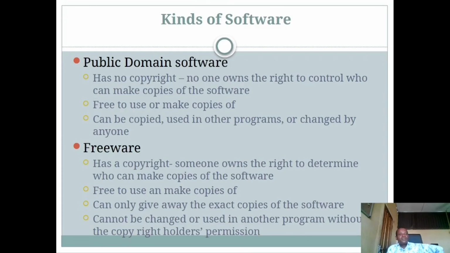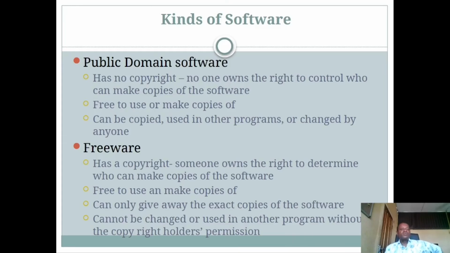If you get someone's software and you duplicate it and sell it without permission from the person who owns the copyright to that software, then you might likely be sued in court. Yes, you could be sued for infringing on someone's copyright. That is why every intellectual property like software needs to go with copyright.